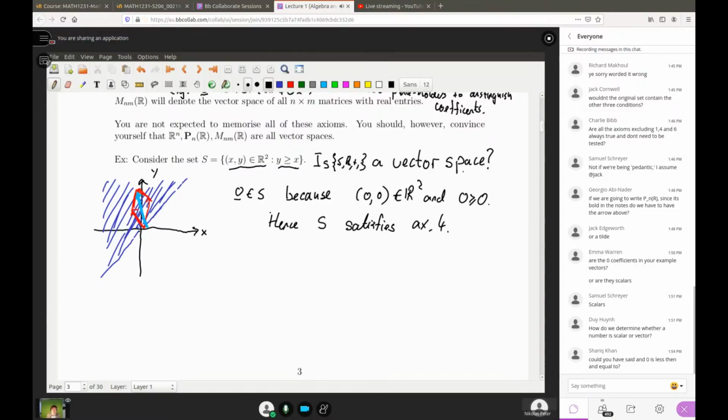So if x and y are in S, then x equals (x1, x2) and x2 is greater than or equal to x1. y is (y1, y2), and y2 is greater than or equal to y1.